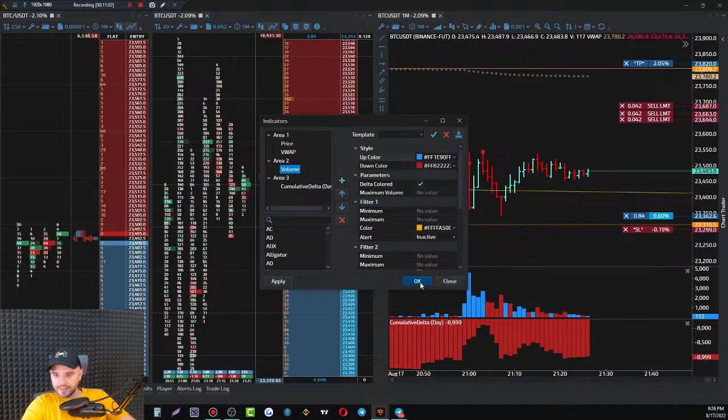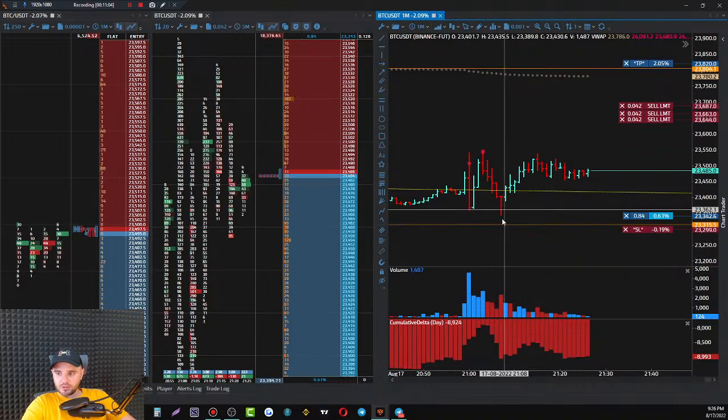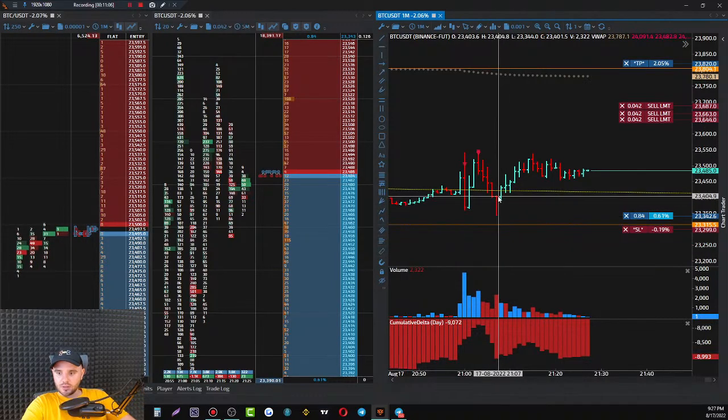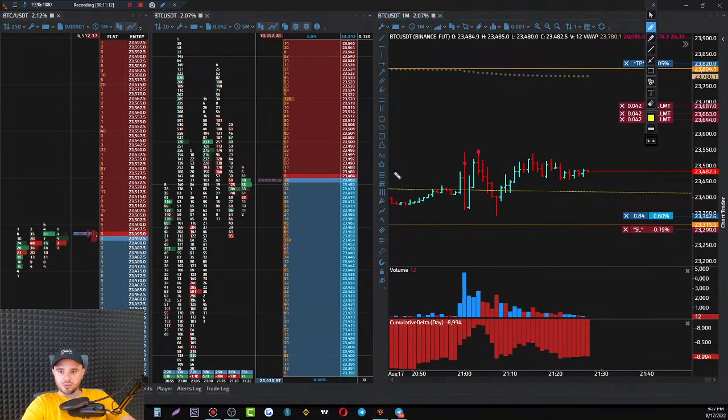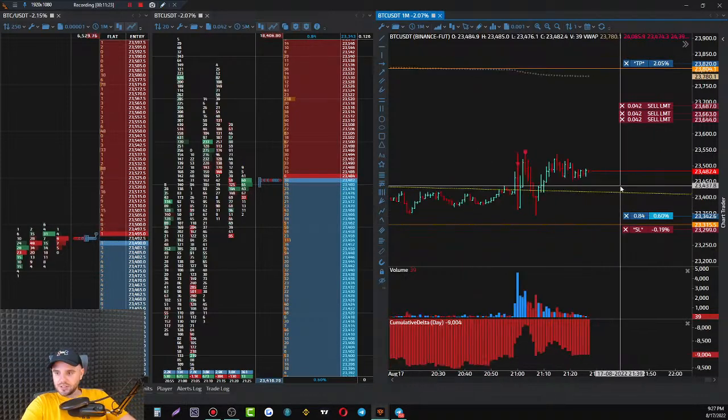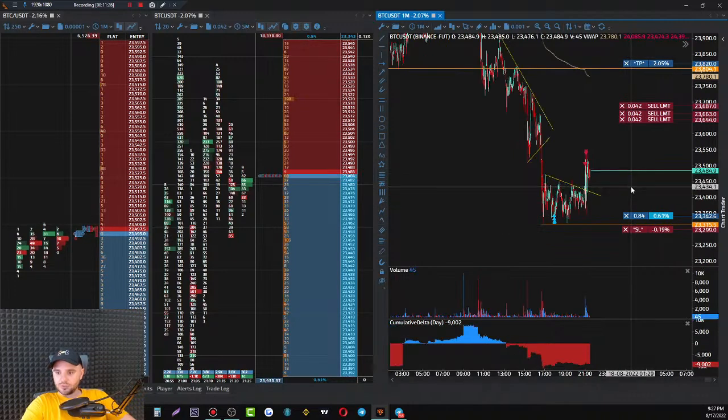If delta is negative, that means a lot of people did sell orders by market. And like on this one, it is a lot of sell orders. On this one, a lot of people at the start of this candle tried to buy, but after that they took their stop losses here.